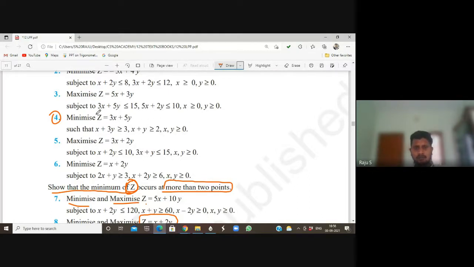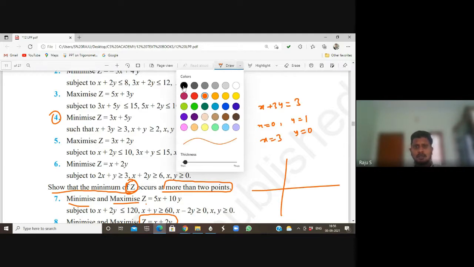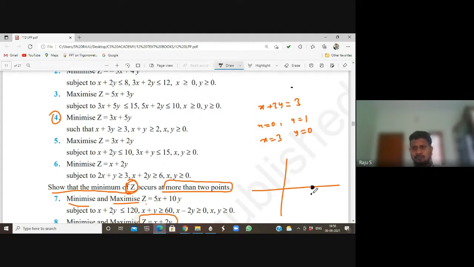Fourth one. So minimize means x plus 3y is equal to, you can take as 3. Put x is equal to 0, y value is 1, y is equal to 0, x value is 3. So when you take your x axis and y axis, your x value is 3, y value is 1.